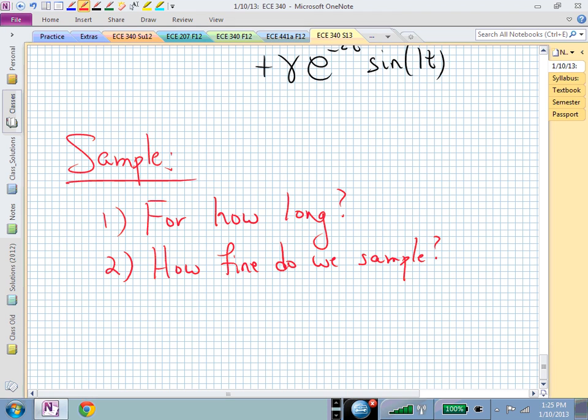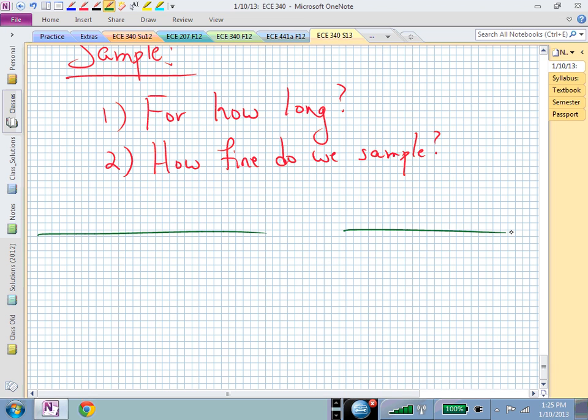Let's now talk about something that you've already seen, I hope. When I say a low-pass filter, do you start to see something in your head?